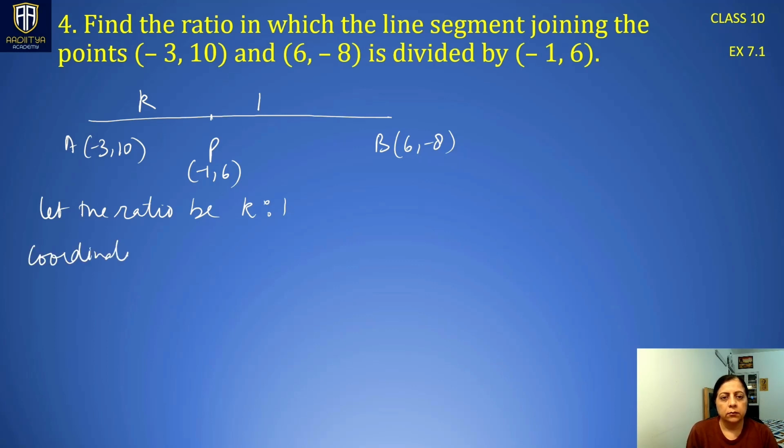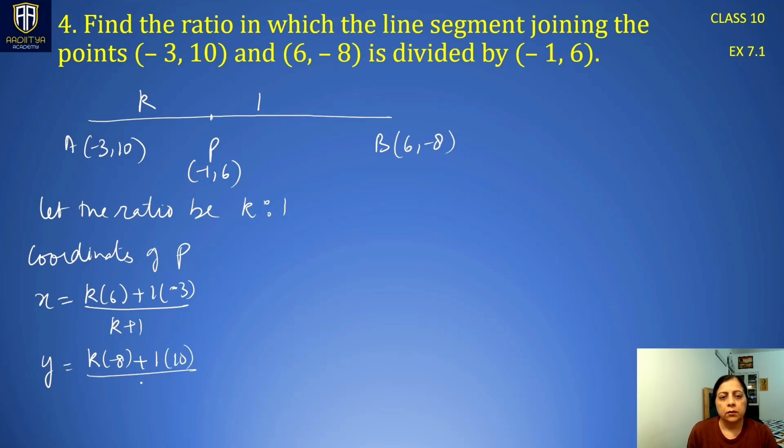Coordinates of P according to section formula become k multiplied by 6 added to 1 multiplied by negative 3 divided by k plus 1, and y also becomes k multiplied by negative 8 added to 1 multiplied by 10 over k plus 1. So these are the coordinates of P.